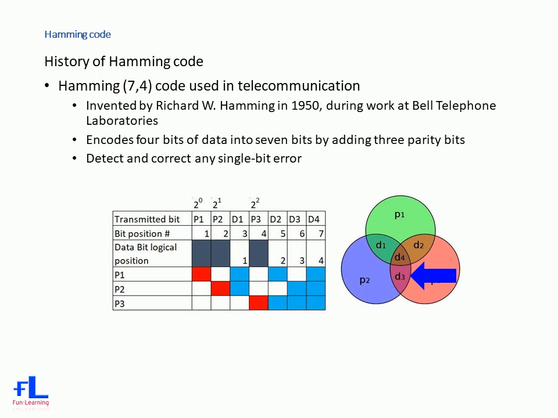P2 is generated by XORing D1, D3, D4. P2 provides an even parity for bit locations 2, 3, 6, and 7. P3 covers D2, D3, D4. P3 is generated by XORing D2, D3, D4. P3 provides an even parity for bit locations 4, 5, 6, and 7.